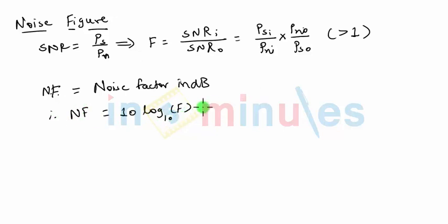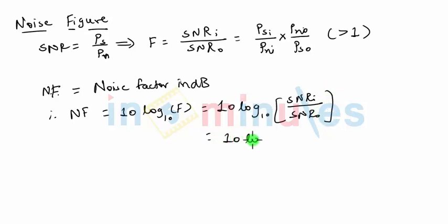Now if I represent this in the form of power values, we know that the noise factor F is nothing but SNR on the input side upon SNR on the output side. If I separate this out, we get 10 log SNR on the input side to the base 10 minus, because the two values are being divided and then we are taking log, I can separate them using minus, 10 log of SNR on the output side to the base 10.